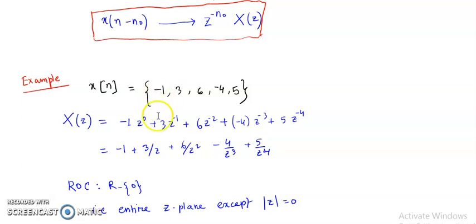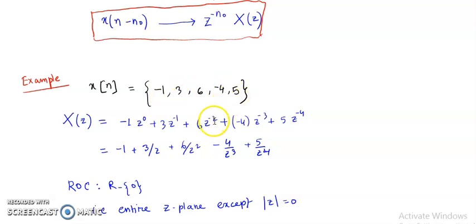So if n naught is equal to 0, we have to put z to the power minus n naught here. So -1 into z to the power 0, plus 3 into z to the power minus n naught, meaning minus 1. If we are starting from 0 here, then it is 1, 2, 3, 4.